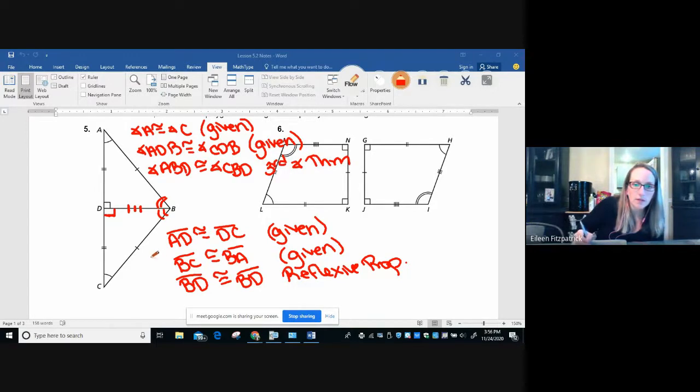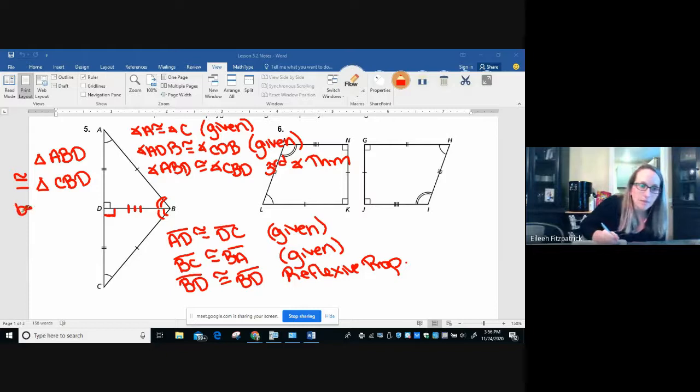All right. And finally, because all the angles are congruent to each other and all the corresponding sides are congruent to each other, you can say that triangle ABD is congruent, and be careful how you name the second triangle, it has to be consistent. So I'd have to name the other one CBD.